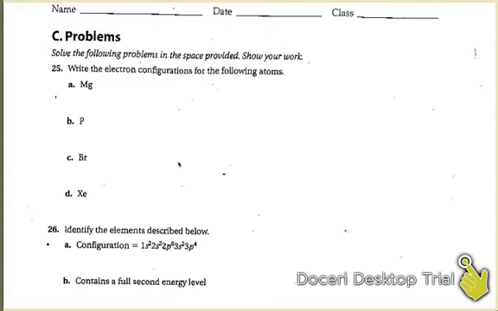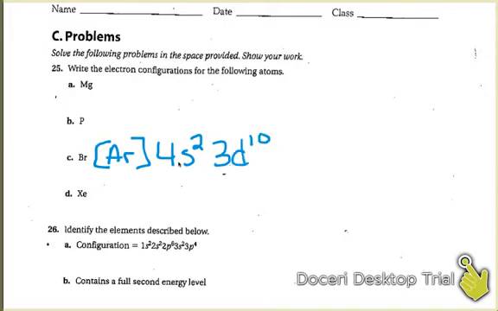You put your finger on bromine, you go all the way up and all the way over, which means we are starting with argon, and we put that in brackets, and then we continue. After argon, we move on to the 4s orbital. 4s orbitals contain 2 electrons. After 4s, we move on to 3d. d orbitals contain 10. After 3d, we go back to 4p, and bromine is the 5th element in 4p, so that means it is 4p5.